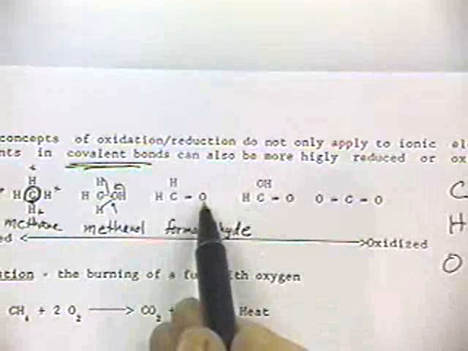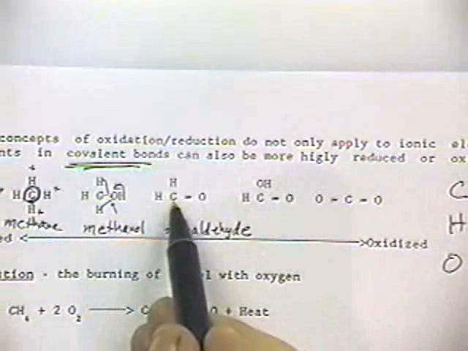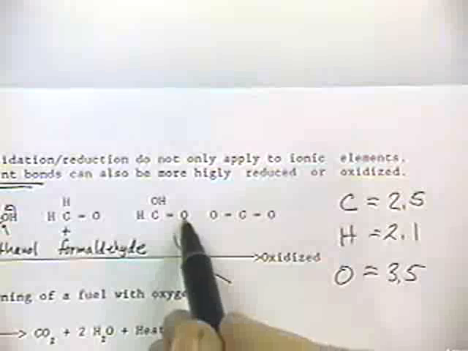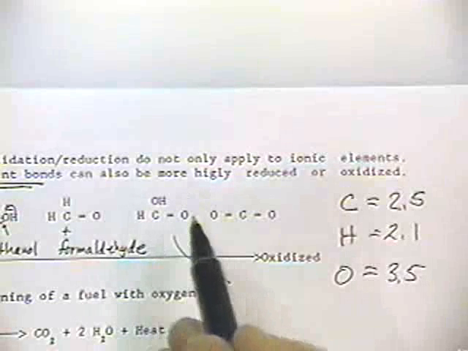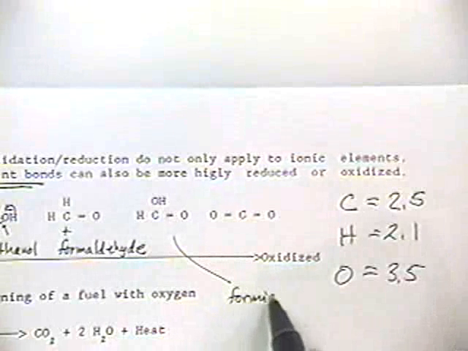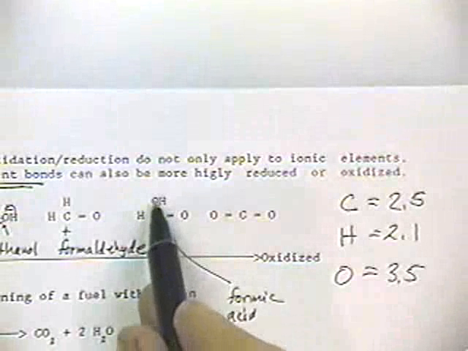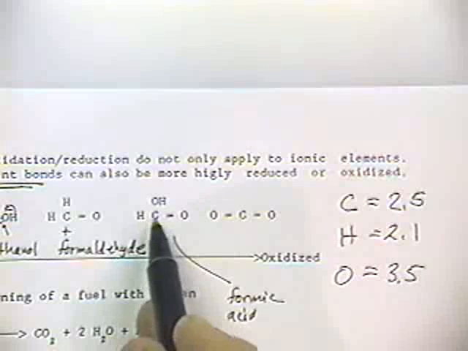So the demand that this oxygen has for electrons now has to be borne largely by the carbon. So the carbon is becoming increasingly positive as a result of that. This species now we have two oxygens all demanding electrons. This species is called formic acid, and this poor carbon is losing out because these bully oxygens are taking away their electrons, making it become increasingly positive.